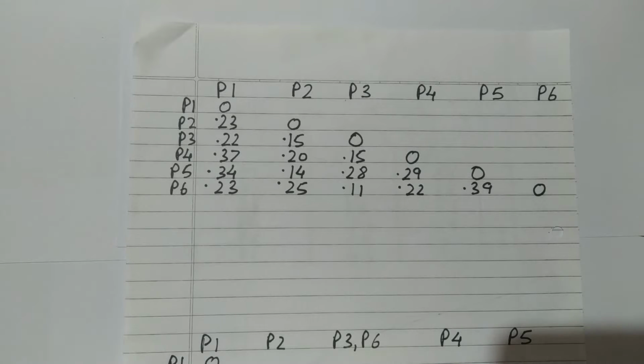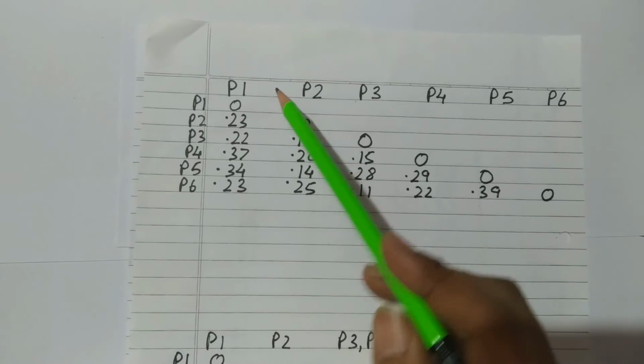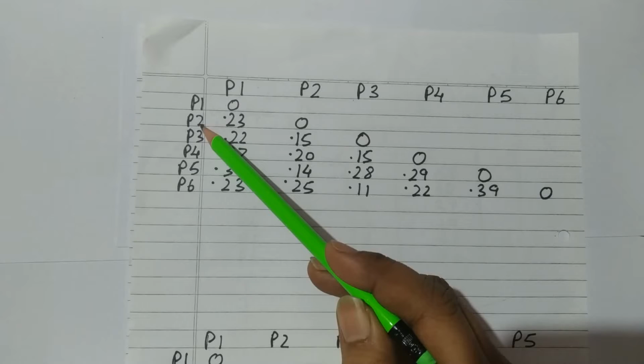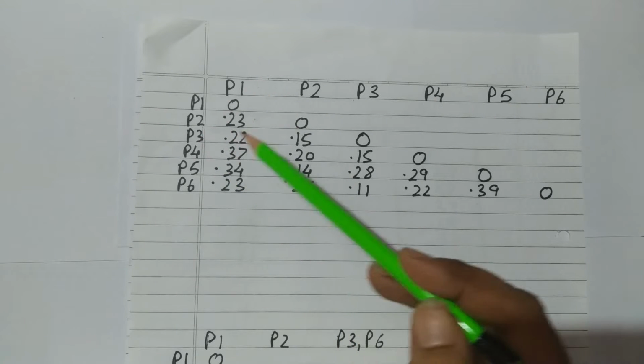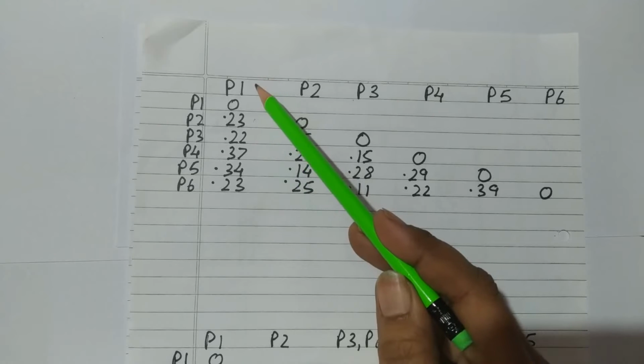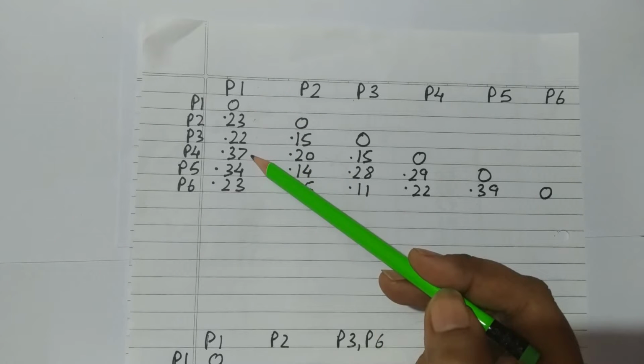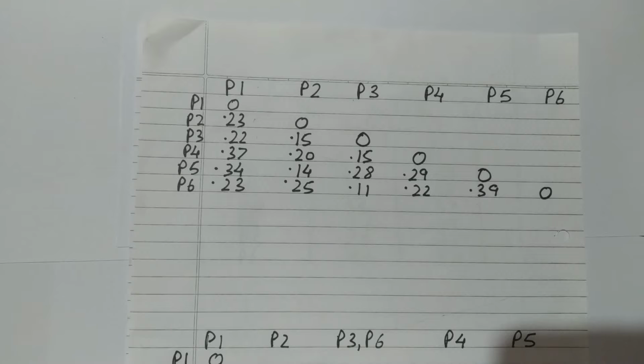So what does this matrix mean? This matrix means that the distance between point P1 and P2 is 0.23. The distance between point P1 and P3 is 0.22. The distance between point P1 and P4 is 0.37, and so on.